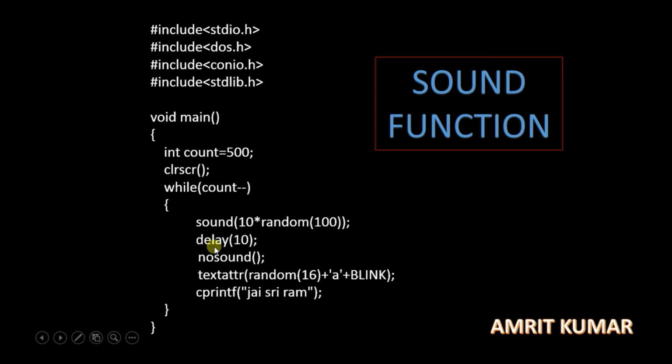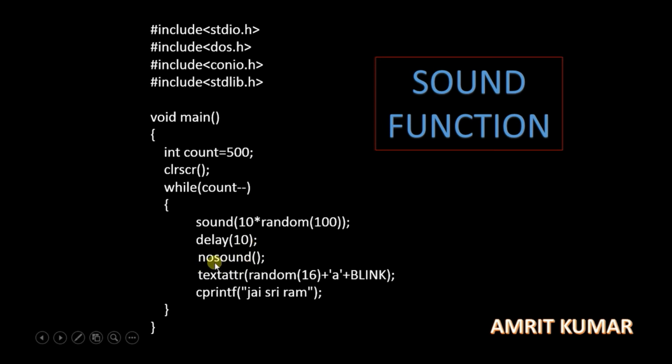After that I am using the function delay. Delay helps us wait. If there is 1000 here, it means delay for 1 second. If it is 10 here, it means 10 divided by 1000, that is 1 by 100 second, it will delay.